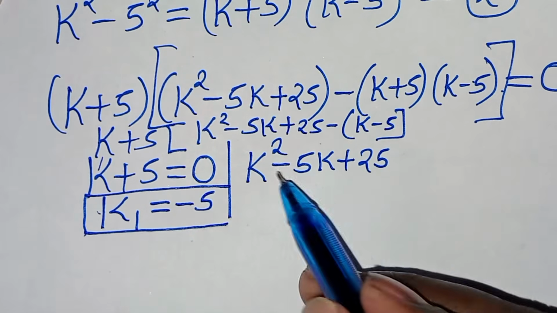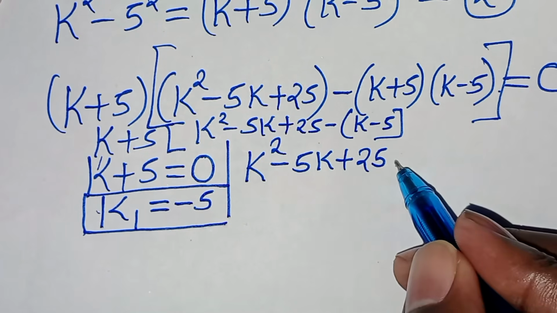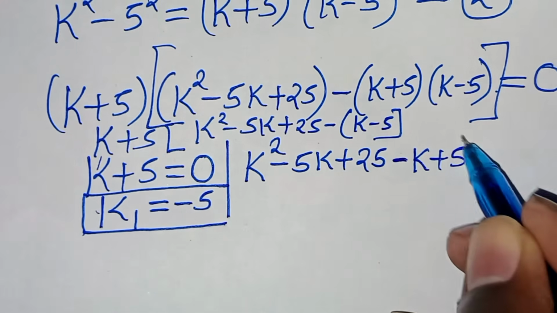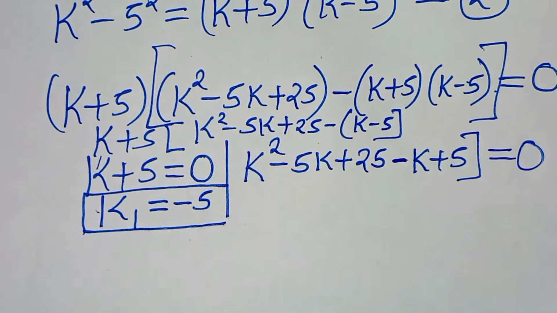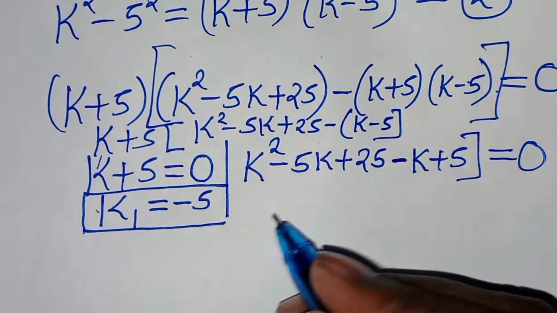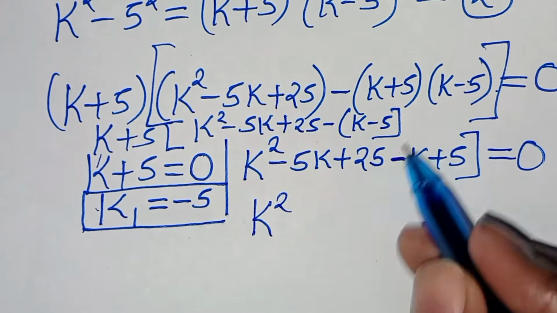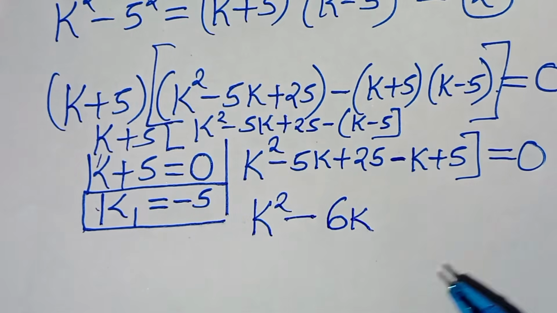The second part is k squared minus 5k plus 25, then subtract k, then plus 5. This is equal to 0. So this implies here we have k squared minus 5k minus k, this is minus 6k.